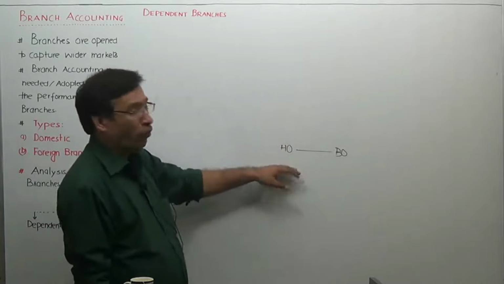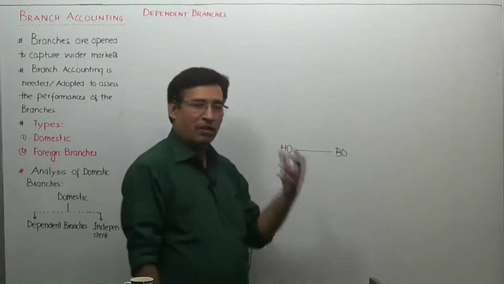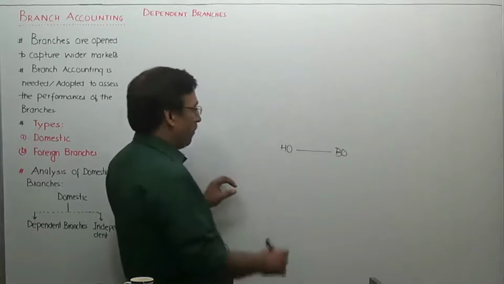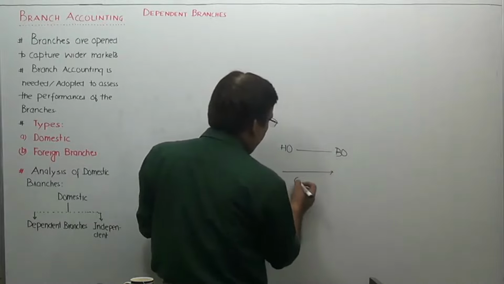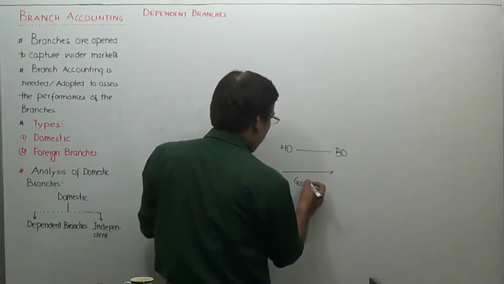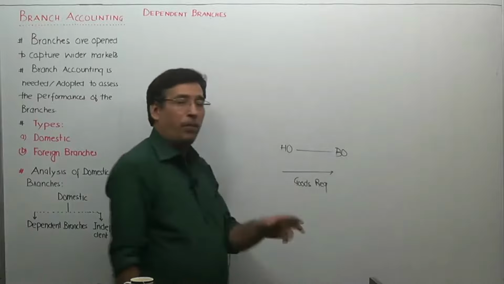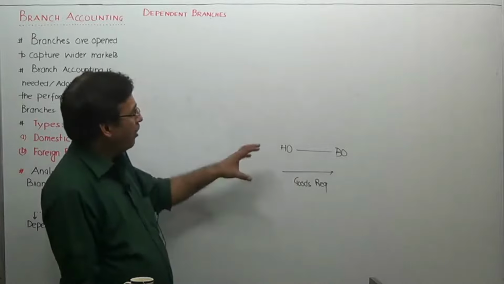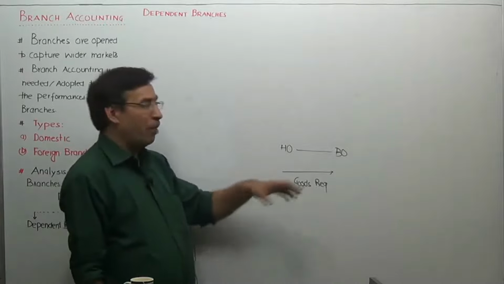But the question is what we mean by that. Complete dependence, what does it signify? See here, it means all the goods requirement of the branch shall be met by head office.